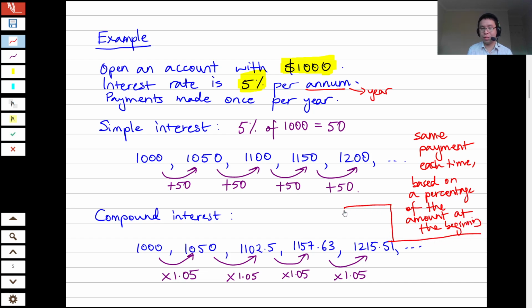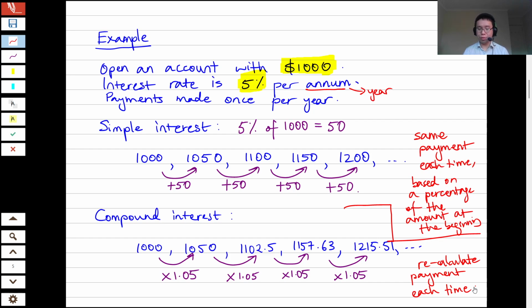For compound interest, we recalculate the payments each time. And if you're the one getting the money, that's good news. What we want to do in a moment is use the language of recurrence relations and rules to do this simply.